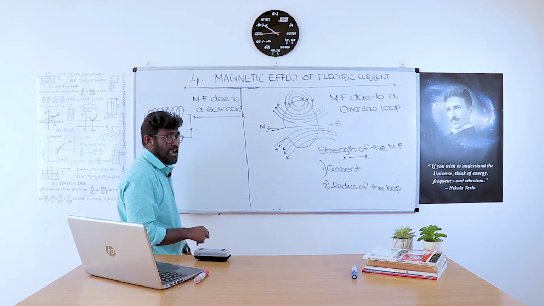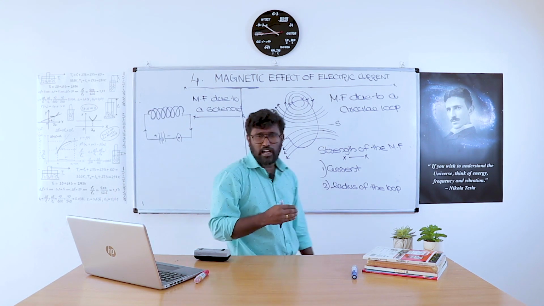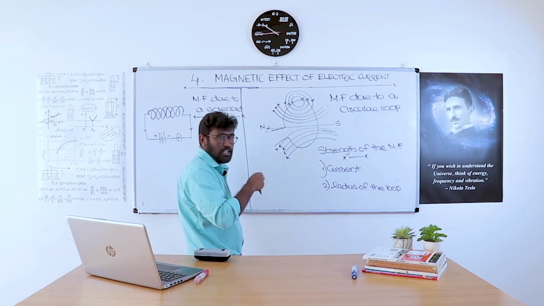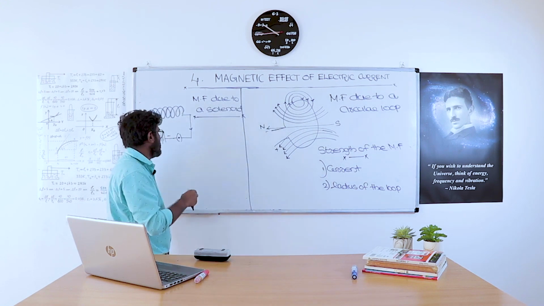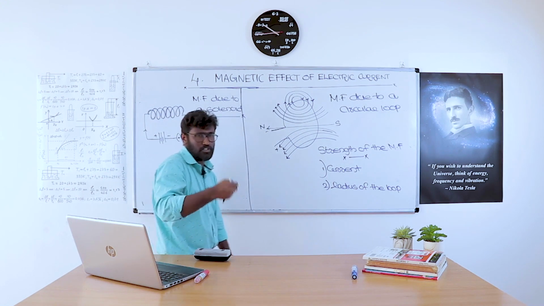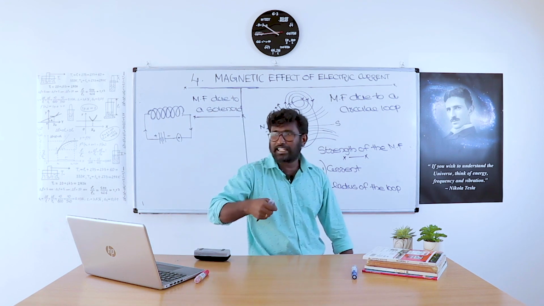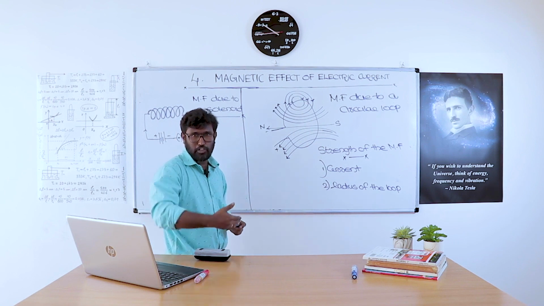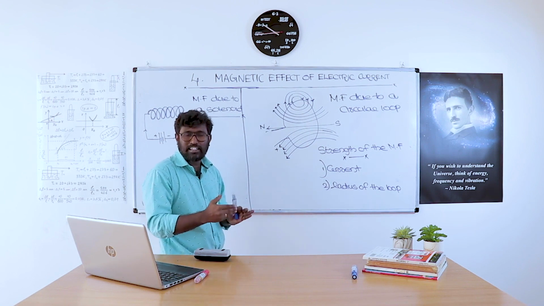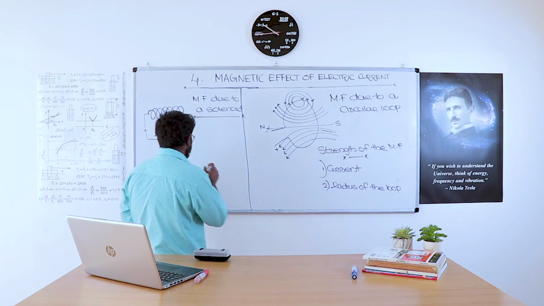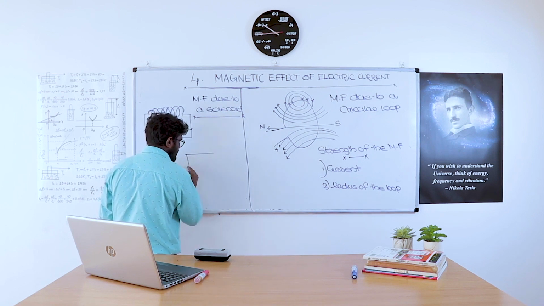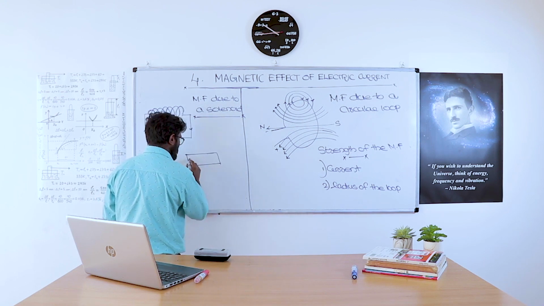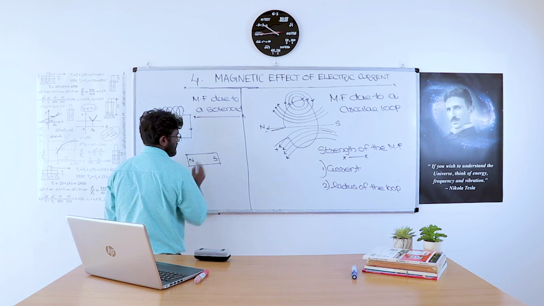We want to discuss the magnetic field due to a solenoid. Whenever current is passing through a solenoid, that solenoid will act as a bar magnet. Therefore, we can draw the magnetic field due to a solenoid in such a way that this is the north pole and this is the south pole.